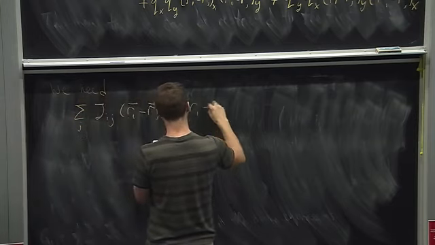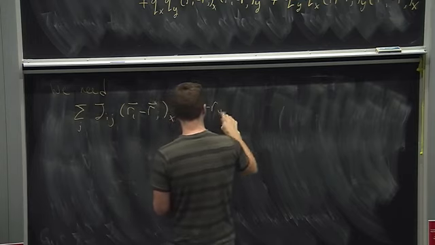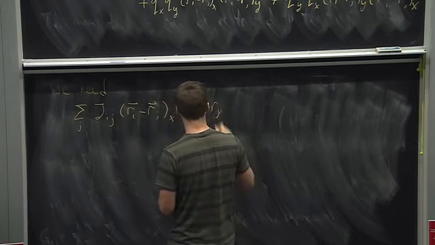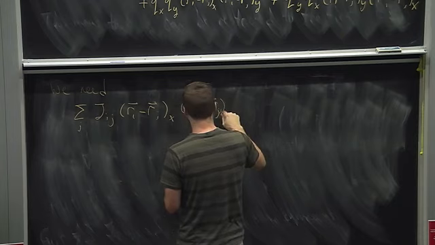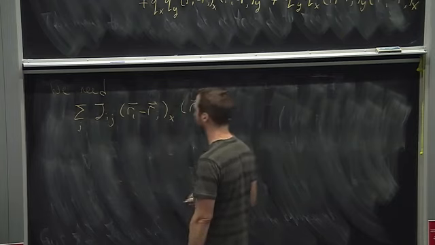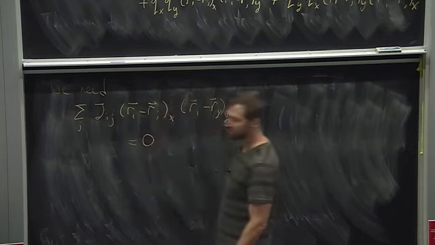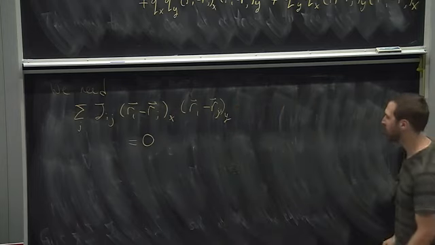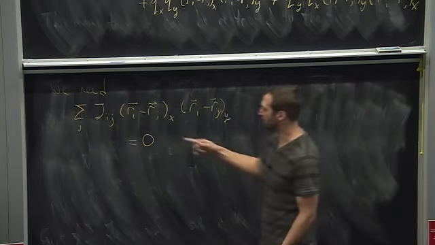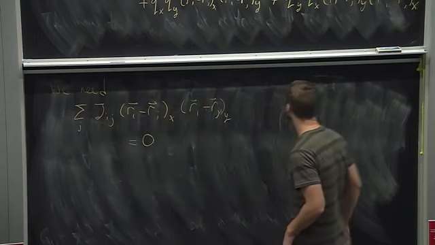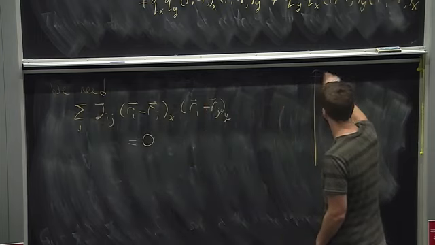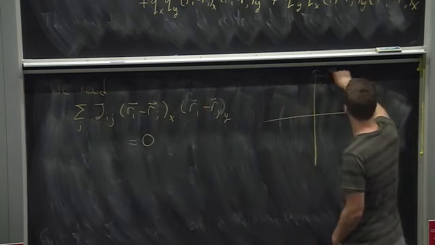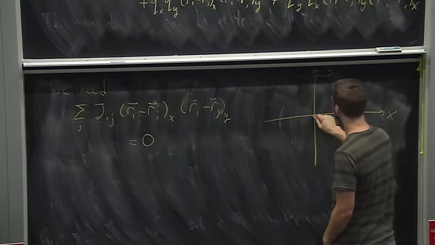Say, for example, J_ij, x and y. We need this term to be 0, which means we have to make an assumption about this again. So imagine you have a lattice site i.